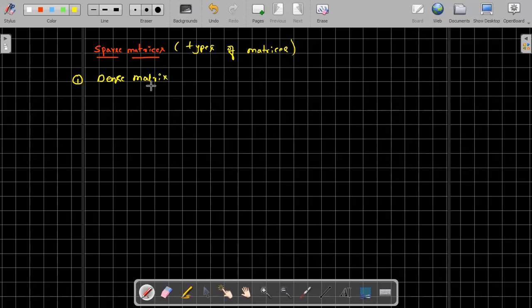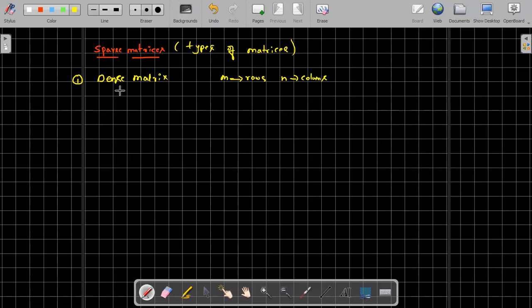So what is this dense matrix? In every matrix you will find rows and columns. So m is equal to rows, and n is equal to columns.